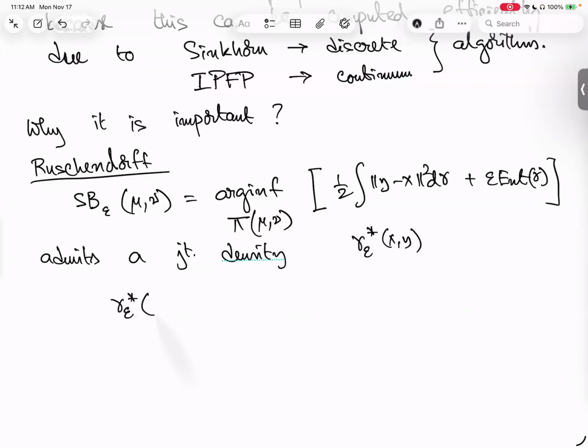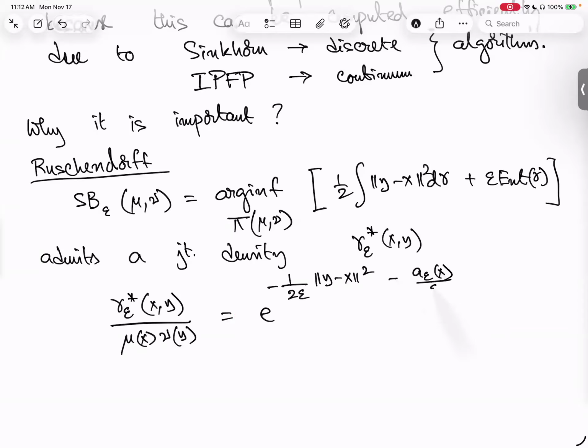Gamma epsilon star of x, y divided by mu of x, mu of y, which are also densities by just my general assumption, is of the form e to the power minus 1 over 2 epsilon norm of y minus x squared, minus a epsilon of x over epsilon, minus b epsilon of y over epsilon.